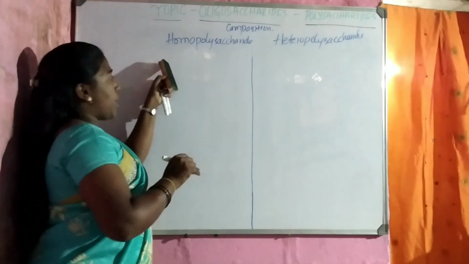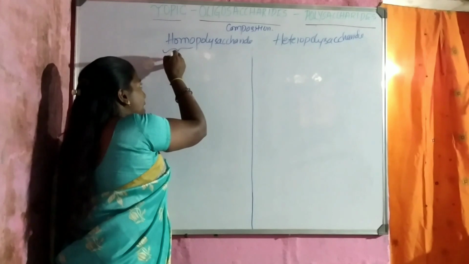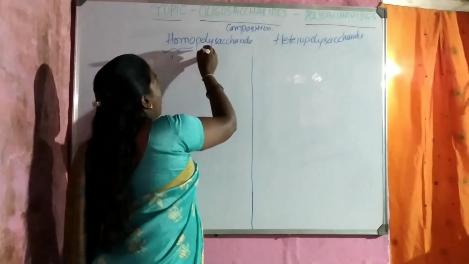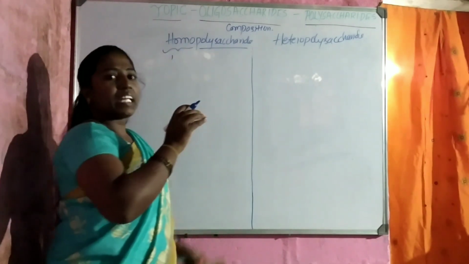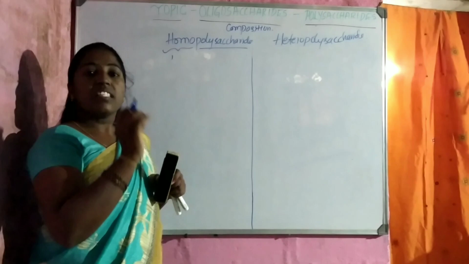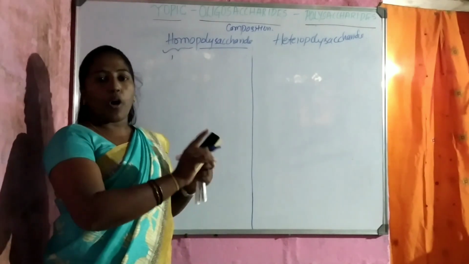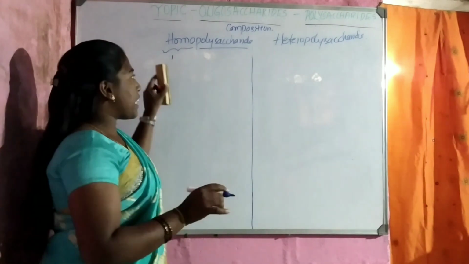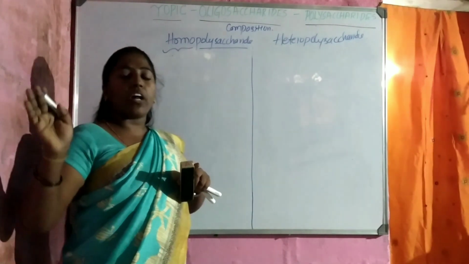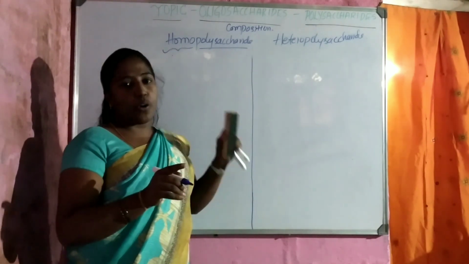The term homo represents similar or identical. So it is a type of polysaccharide made up of similar type or only one type of monomer. I can define homopolysaccharides as the polysaccharides made up of one type of monomer.